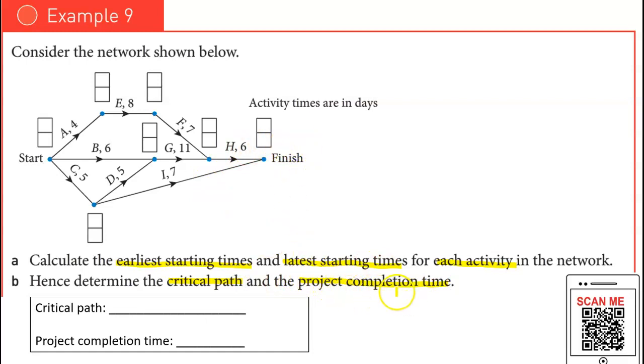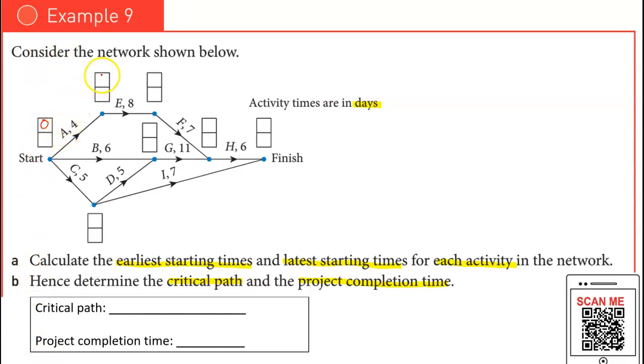And do take note of the unit for the time here. It's in days. Okay, now first we are going to start with finding the earliest starting time, right? For earliest starting time, you always start with the first node and the value will always be 0.